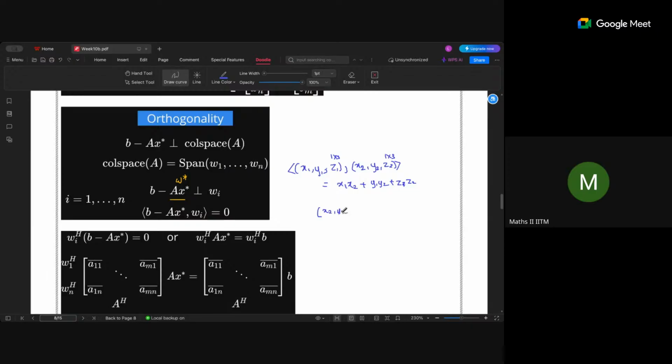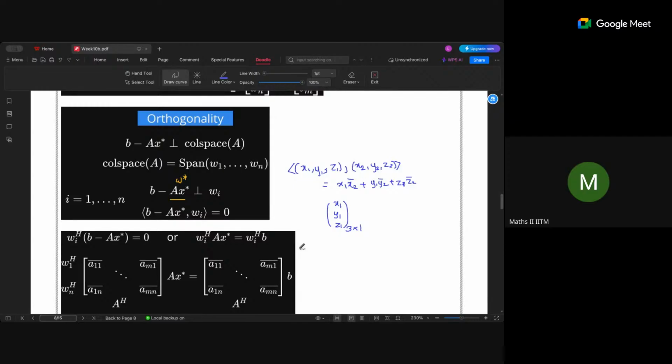I'll write the correct representation, otherwise it will be confusing. So you write x1, y1, z1 as a vector. What is the order of this vector if you consider it as a matrix? It is 3 cross 1.